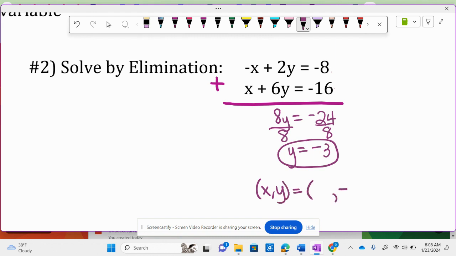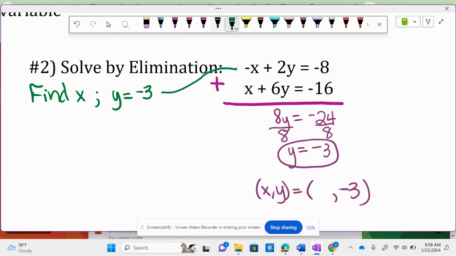We know that Y is negative 3. We have to figure out what X is, okay? So we're going to find X, and we know that Y equals negative 3. Do you want to use the first equation or the second equation to plug it in?